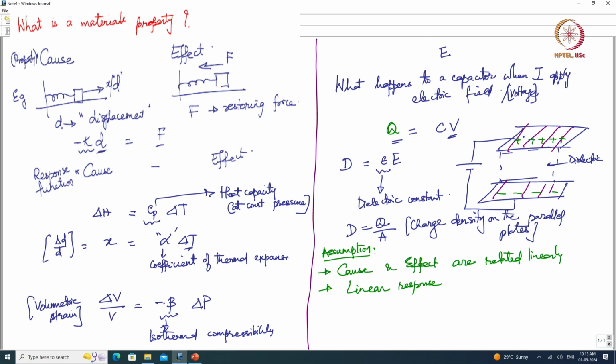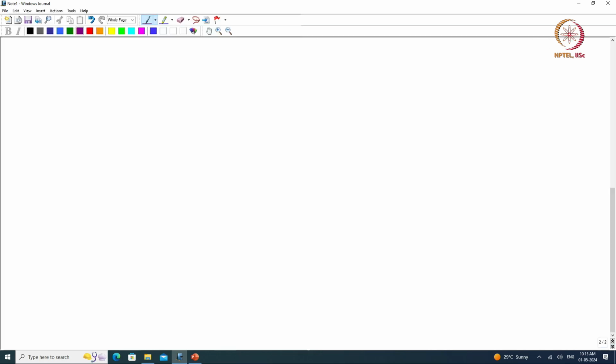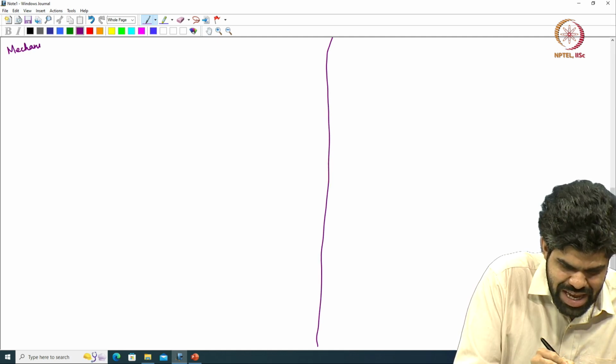So these are thermal properties, these are thermodynamic properties in some sense. I apply pressure, I change volume, so there is some mechanics going on. These are electrical properties. Okay. Let us come back to again our favorite mechanical properties.